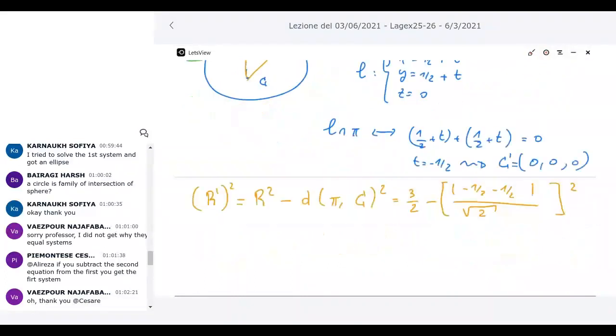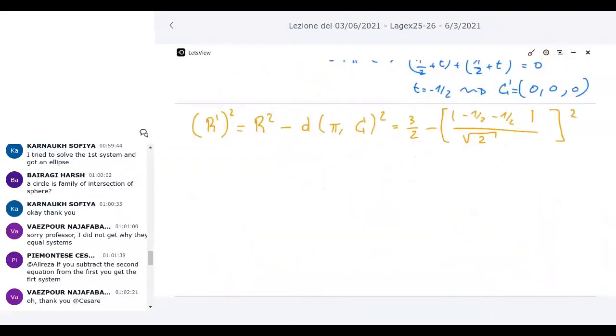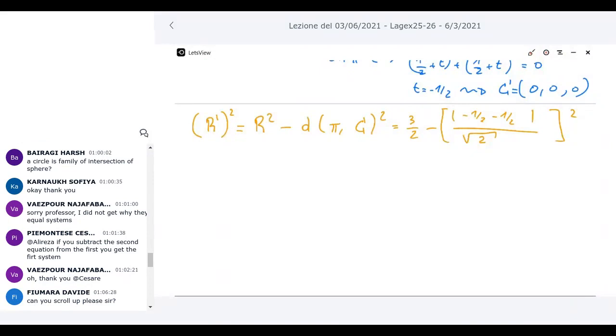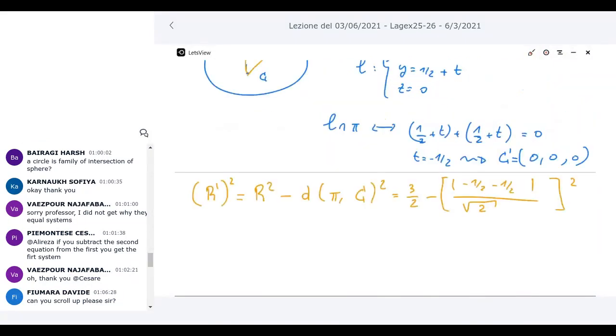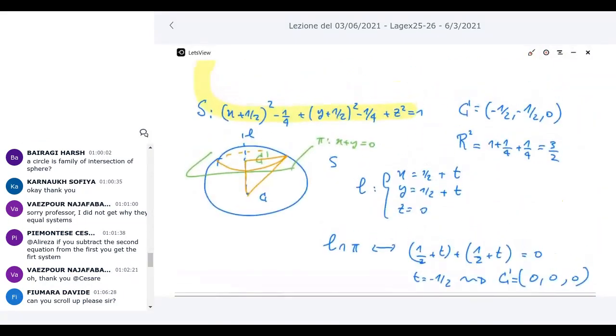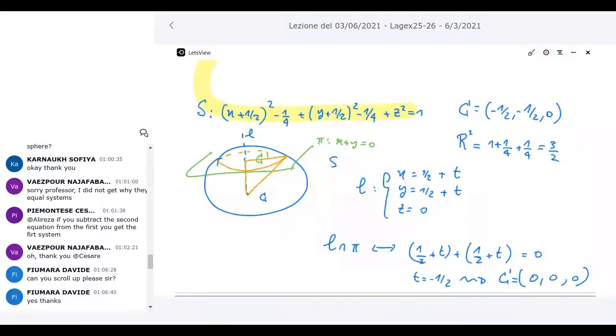Okay, similarly, we can play. Any question about this before we go further? So is this good enough? So now we will do again one of these computations, and then we change topic a little bit.